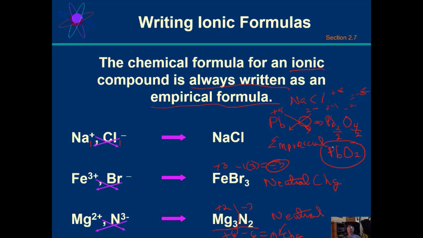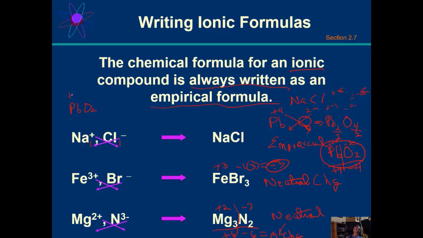Now, if I were just given the formula, I could tell that it's lead(IV) because I know from the periodic table that oxygen is minus 2. 2 times a minus 2 is minus 4. All compounds are neutral, so that's got to be a plus 4 here. So this would be lead. I'm out of room. So here's my compound, PbO2.